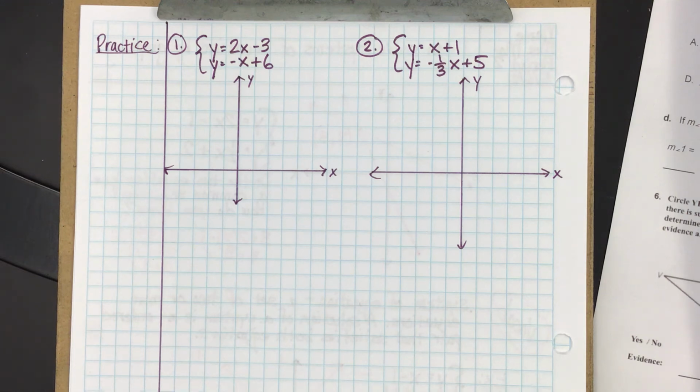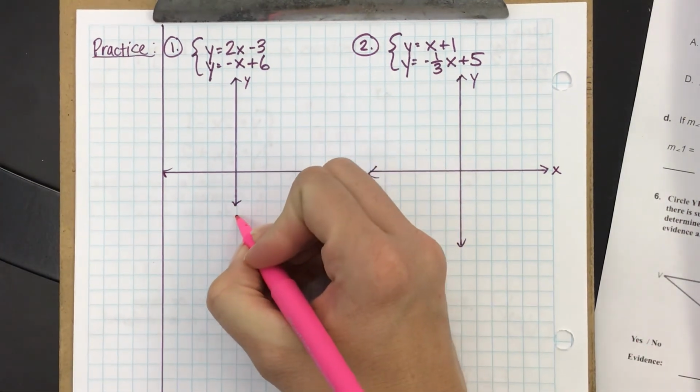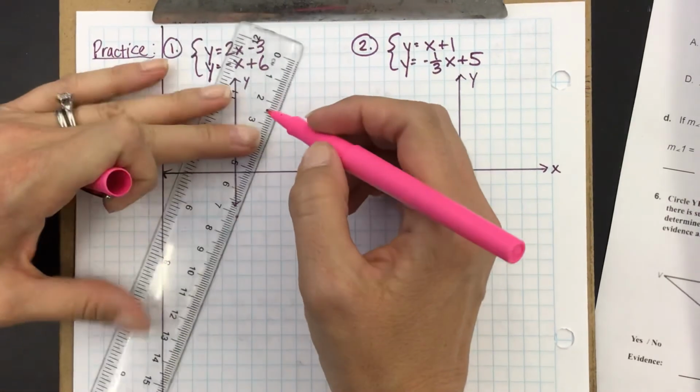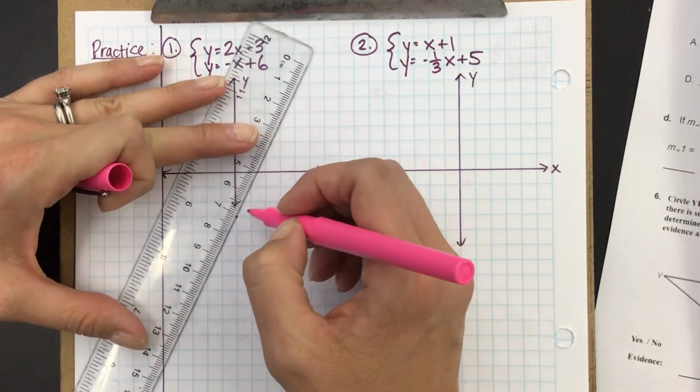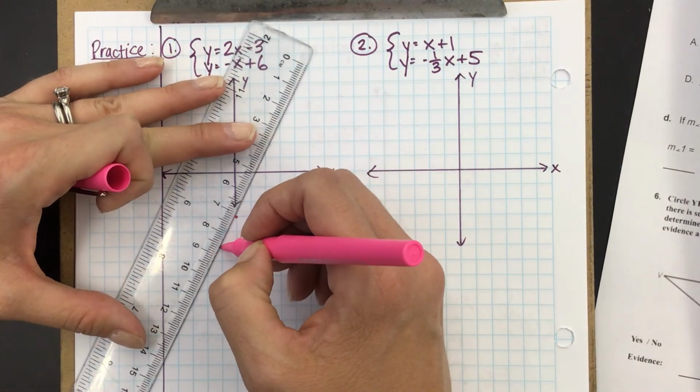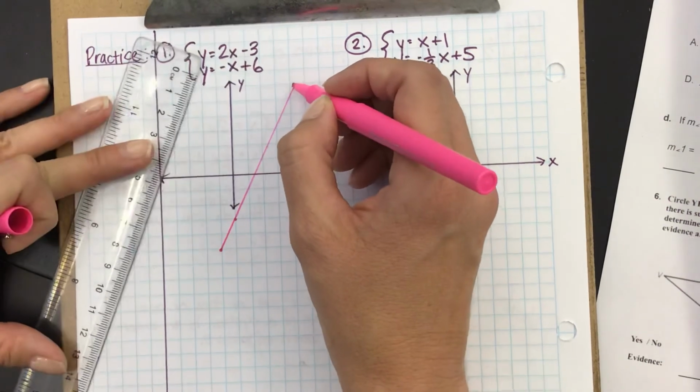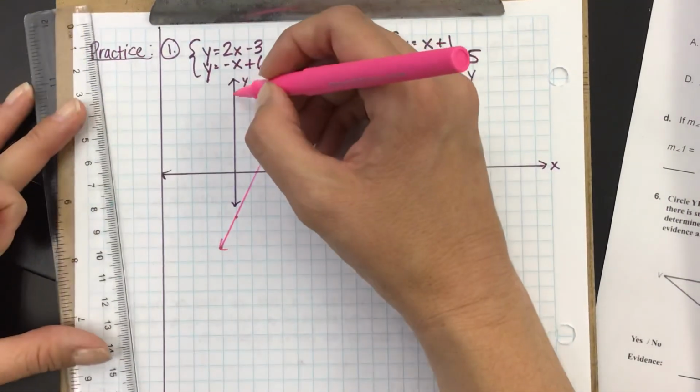I'm just gonna throw the lines up here so you can see. Looks like most people for that first one got the (0, 3), which if you check it, it should be correct.